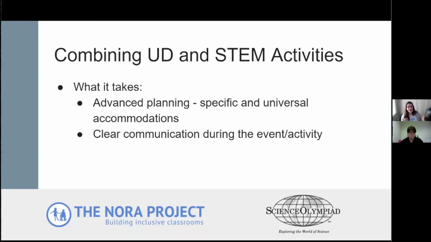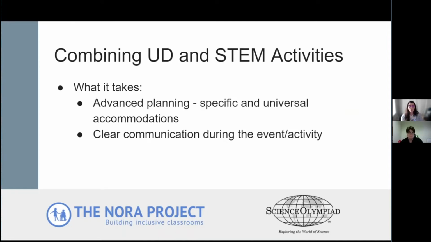While we can anticipate needs and implement solutions and strategies that are universally beneficial to all of our participants, for example, we can provide content in a variety of mediums, we can use visuals, we can offer lots of thinking and processing time, visual timers, we've got a lot of ideas.